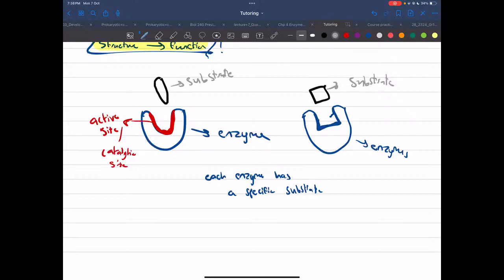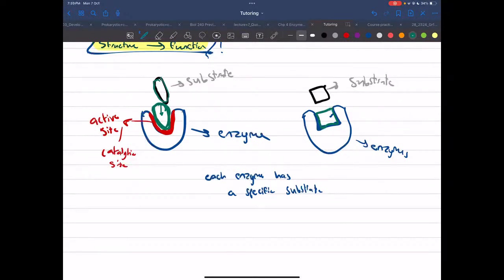This substrate is going to bind here. Why will it bind here and not here? The drawing is not perfect, but bear with me and imagine it is perfect. This shape is complementary to this shape, and the box shape is complementary to this shape.